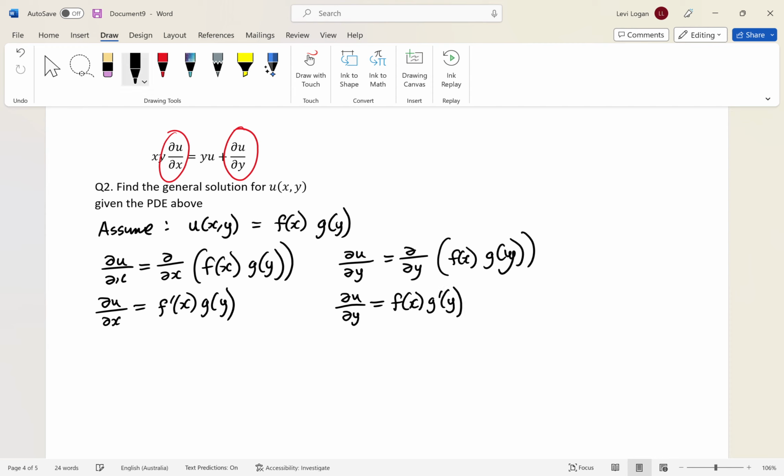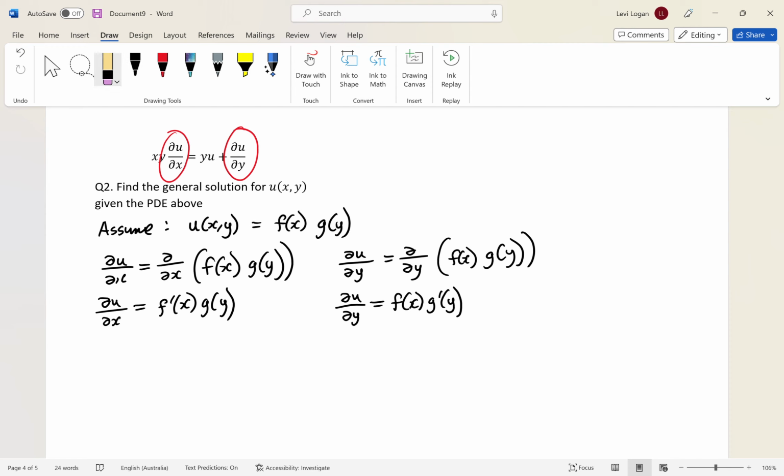So f of x isn't affected because we're taking the partial derivative with respect to y, so x is a constant, therefore any function of x is treated as a constant. But our function of y, of course, differentiates, so we use g prime of y as our notation for the first derivative of g of y.